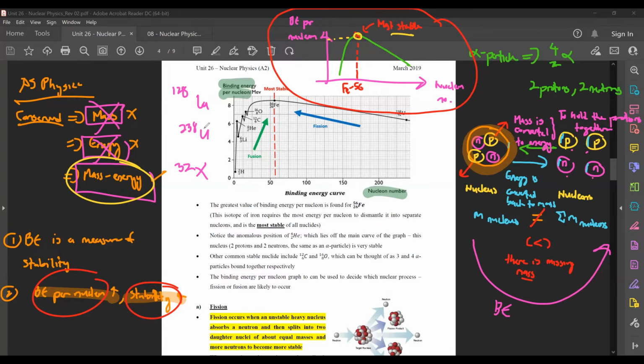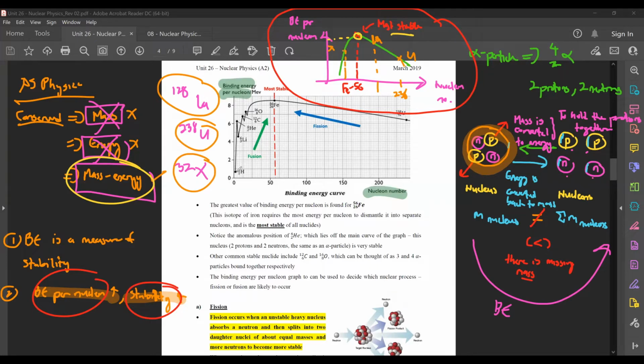So it could be that for uranium, 238 is over here. For lanthanum 128, it would probably be over here. So this is lanthanum, and this is uranium. And then for this element X with nucleon number 32, it will be somewhere here.